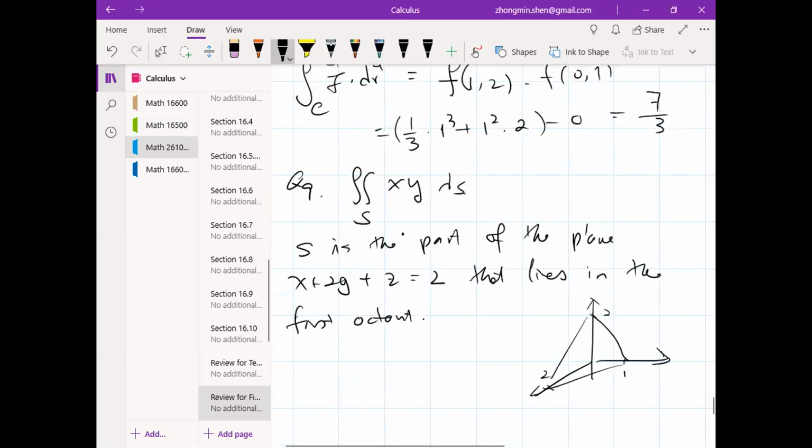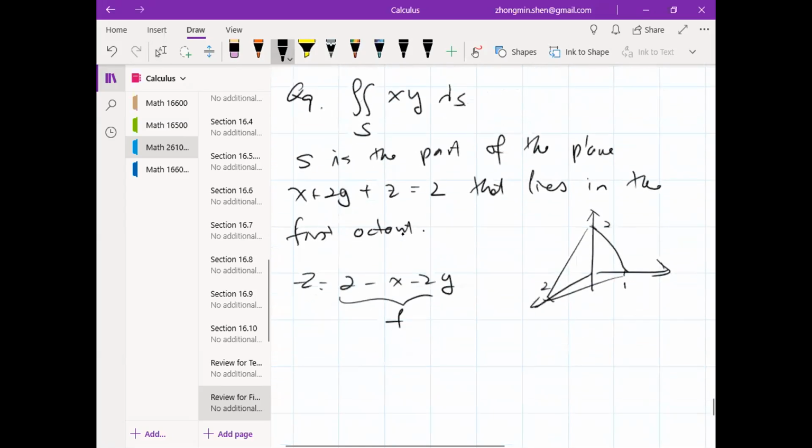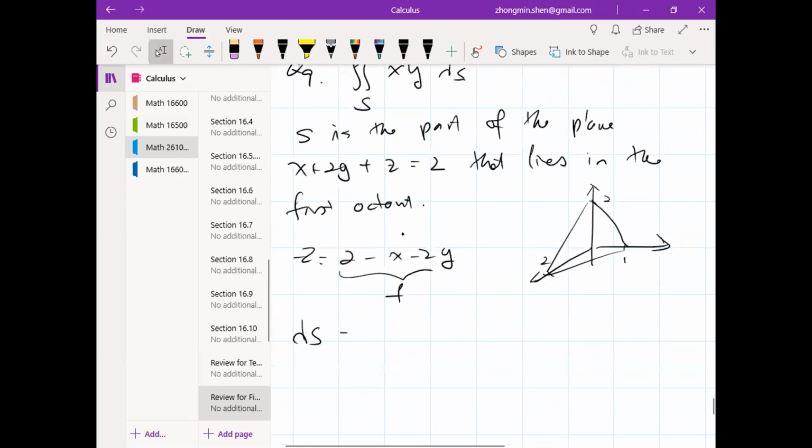So this is a plane. I'm going to view the plane as a graph of a function. This is my f, because I want to find the dS, right?